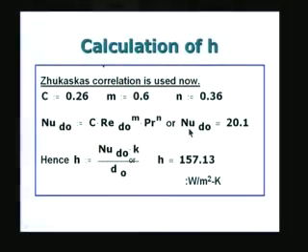It is also called a non-dimensional heat transfer coefficient, and the relationship is such that the heat transfer coefficient is equal to the Nusselt number multiplied by the k of the fluid divided by the characteristic dimension, in this case D0. If I substitute 20.1 here, k is 0.03 something, which was given in the first slide, divided by 0.004, I get a value of h equal to 157.13 watts per square meter Kelvin.